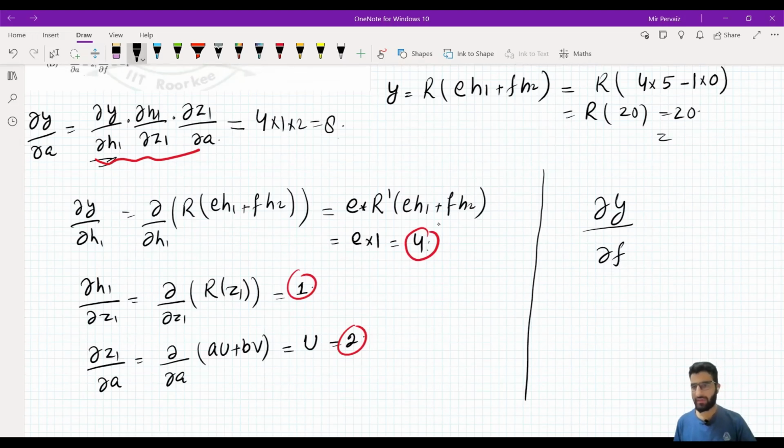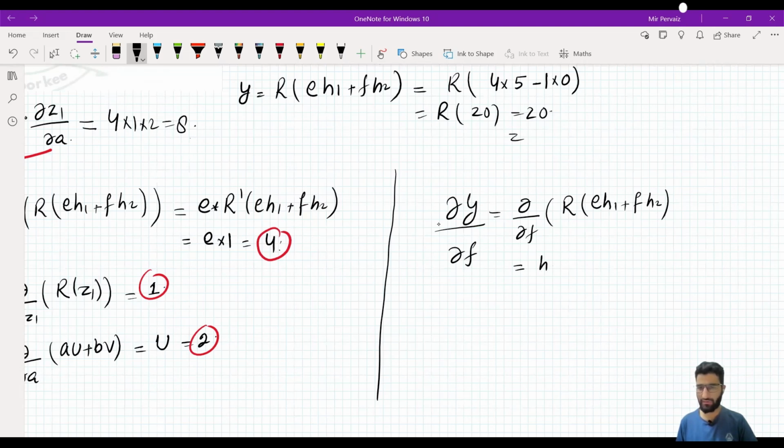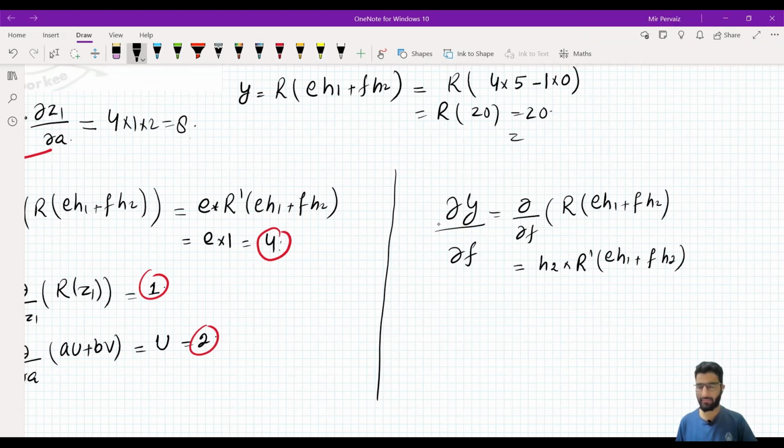If I calculate this value, this will be del over del f of y, which is ReLU of E times h1 plus f times h2. With the help of chain rule, we know that h2 will be coming out, h2 times the derivative of the ReLU function at the given parameters.